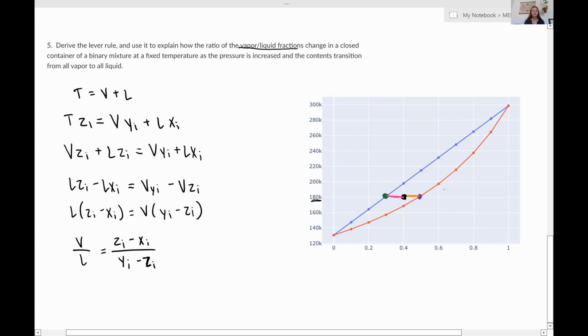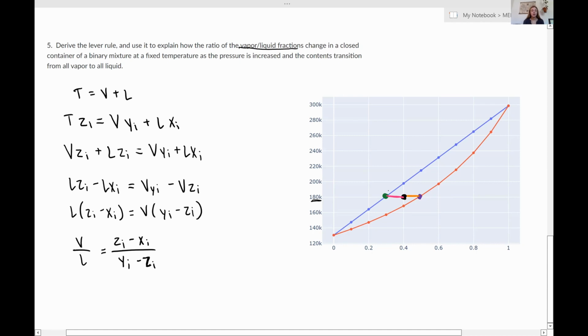So why is this the case? Let's look at our equation to justify this. So we are going to have our Z minus X, which is the mole fraction of our component in the feed, which is the center black dot, minus the mole fraction in our liquid phase, which is going to be our green dot over here, our blue line.